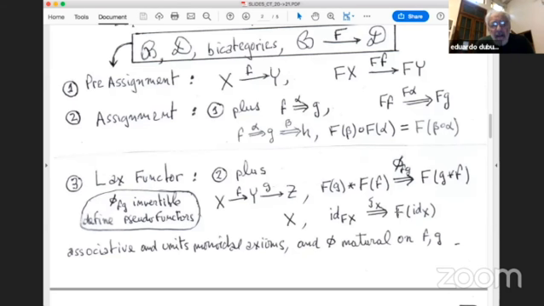So a lax functor is like a monoid, and is a pre-assignment, which is also an assignment and which has this monoid structure in addition, with the usual associativity and unit actions for a monoid. So imagine, forget all this, imagine a monoid in the category of sets.